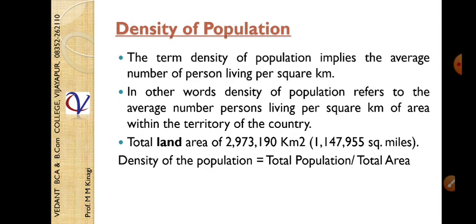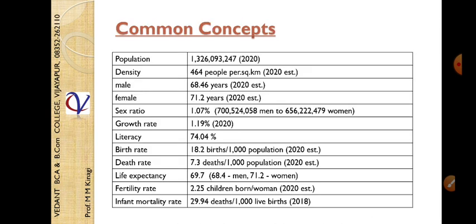So the term density of the population implies the average number of persons living per square kilometer within the territory of the country. The total area is 29,73,190 square kilometers, and if you convert it into miles, it is 11,47,000. So density of the population is calculated as total population divided by total area.